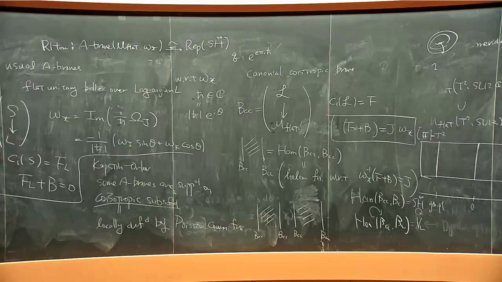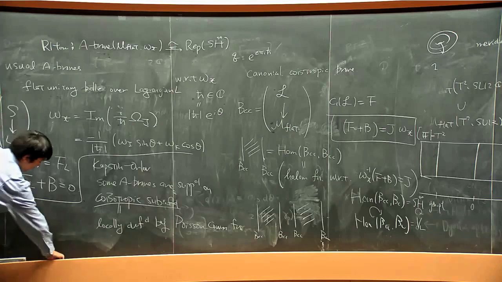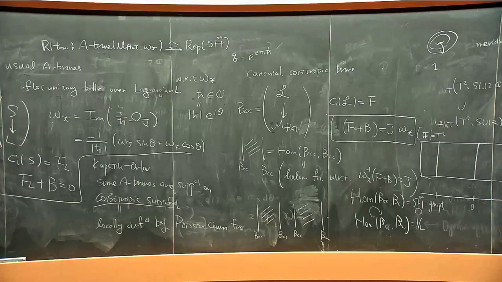So to identify the Lagrangian brane for finite dimensional representations, it's very useful to consider the following formula.